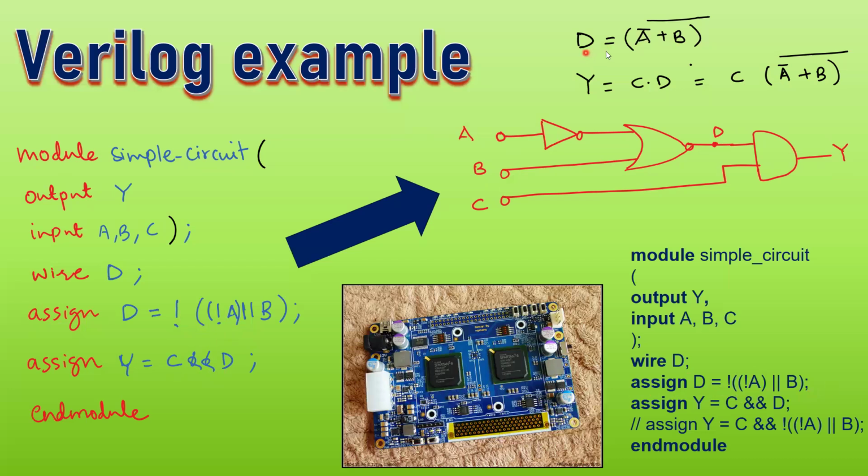First, I know that D is equal to A bar or B, and then take a bar of the complete expression. So first I want to implement A bar. So in the parenthesis here, I write not of A. After that, I perform the OR operation. So with the not of A, I am ORing the B, and then I close the bracket.